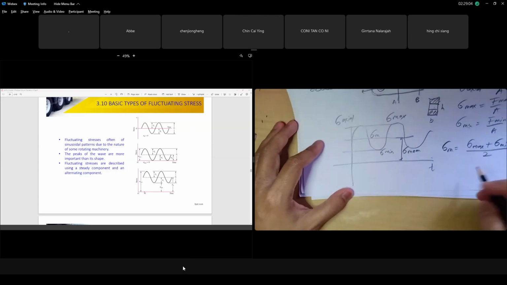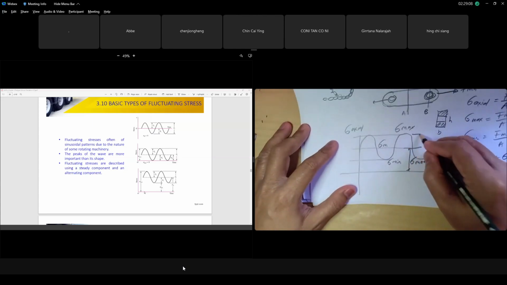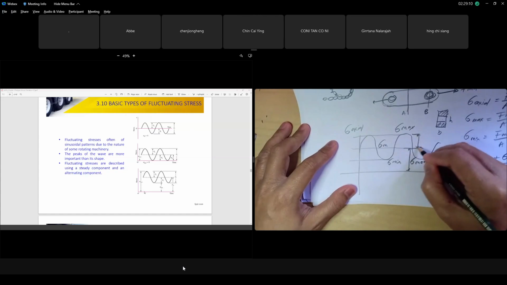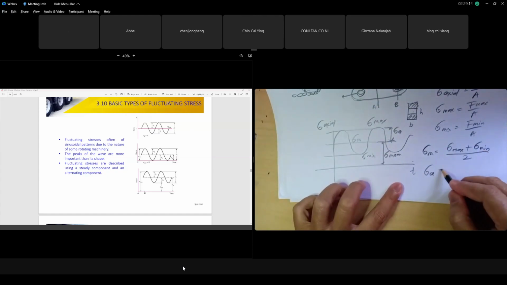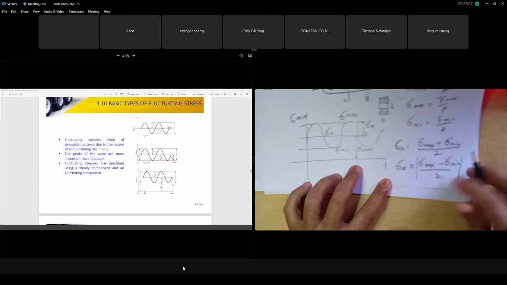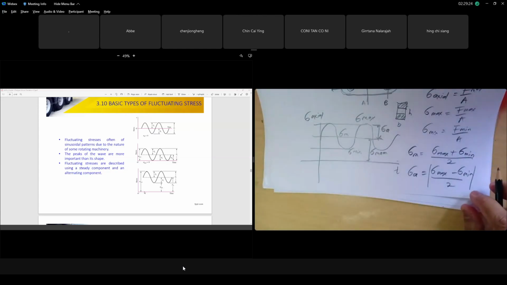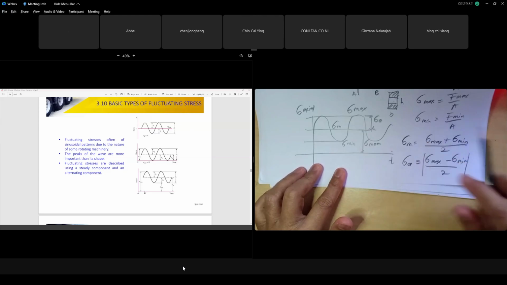All right. So then you also have to calculate sigma alternate, the amplitude. Sigma alternate is the amplitude. Amplitude is your sigma max minus sigma min over 2. This one is always a positive value, because it is the value of the amplitude. Remember, the mean sometimes has a sign. When we go for tension it is positive. When we go for compression, the value is negative. Be careful about that.